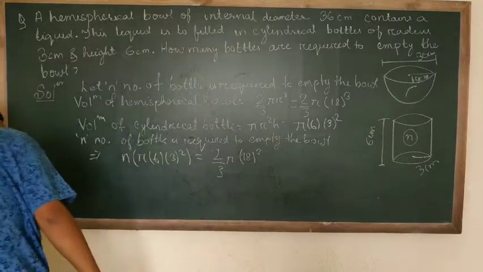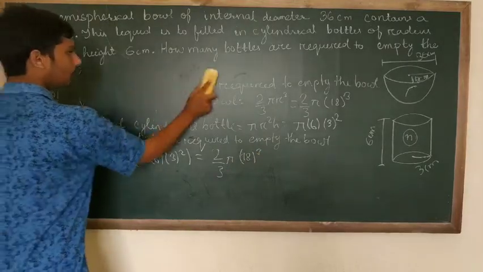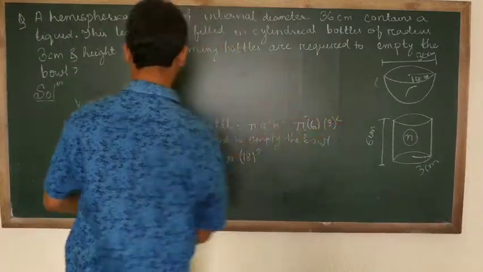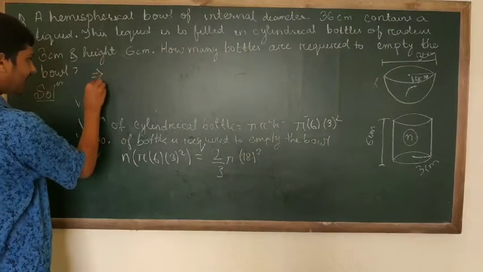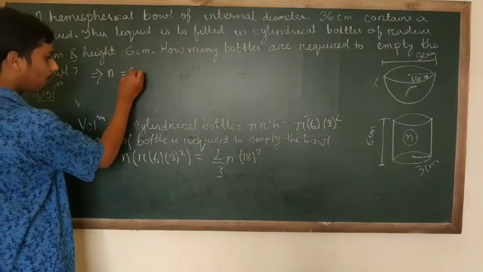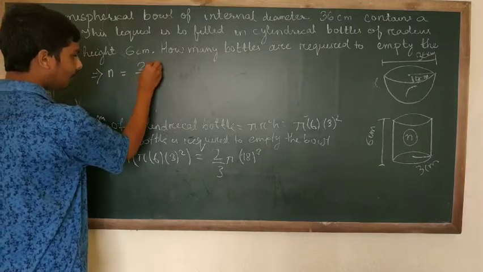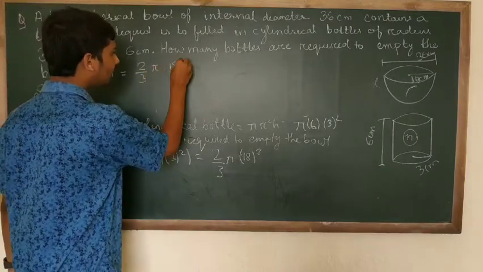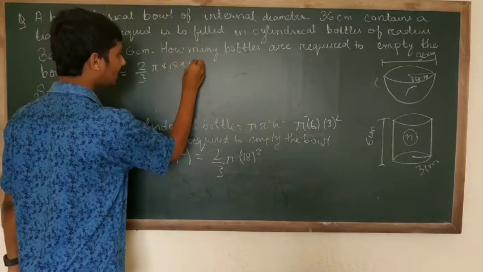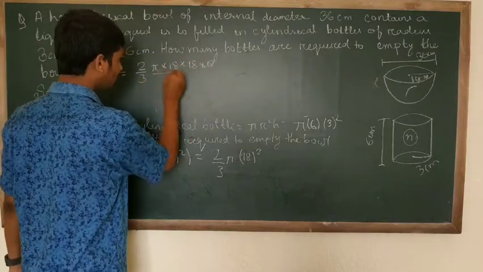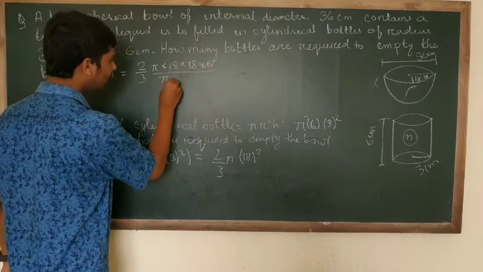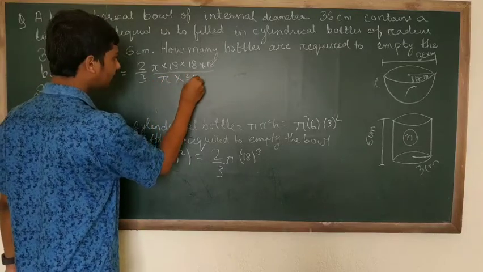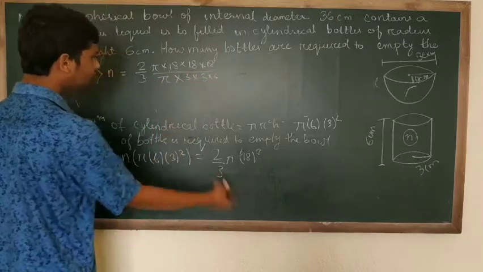Okay, so it implies that n is equal to 2 by 3 pi 18 cube by pi into 3 into 3 into 6, by cross multiplication.